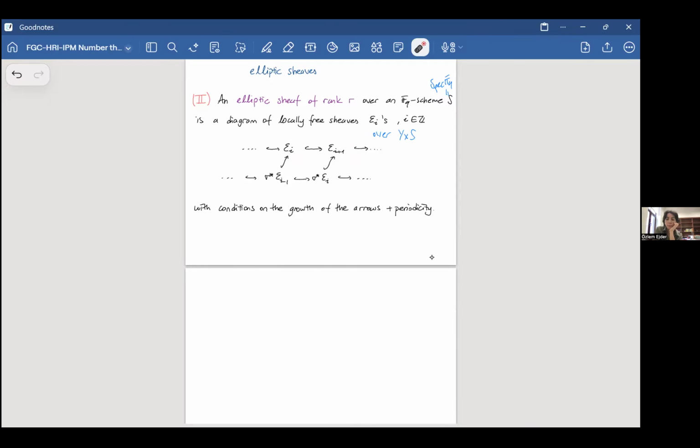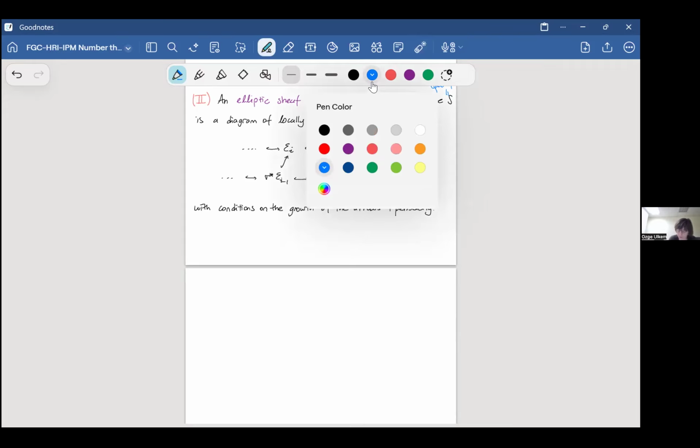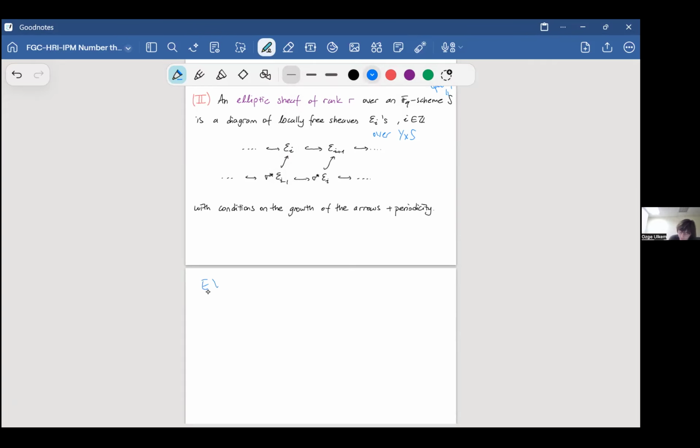Okay, let's see the example. Maybe it will be better. So what we want is locally free sheaves over Y times S, and I would like them to have rank r. For simplicity, let's assume the degree of infinity is 1.